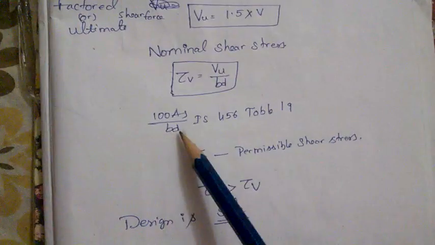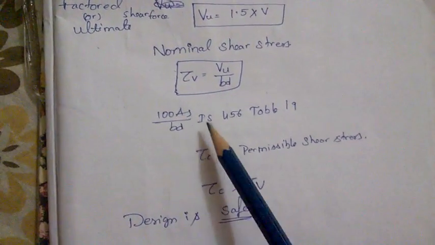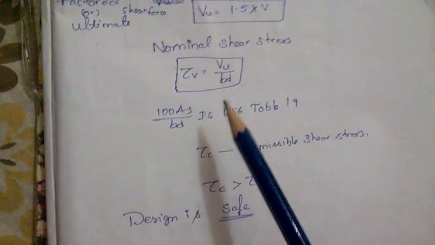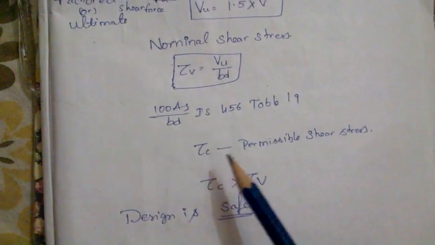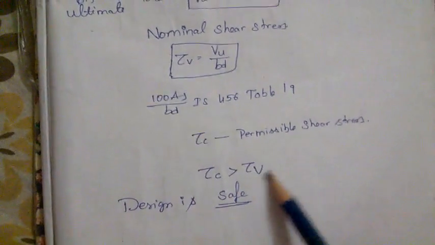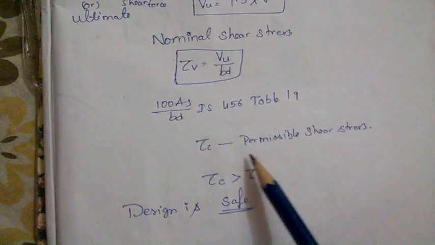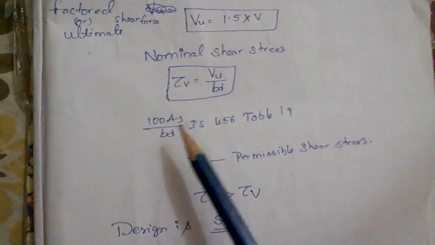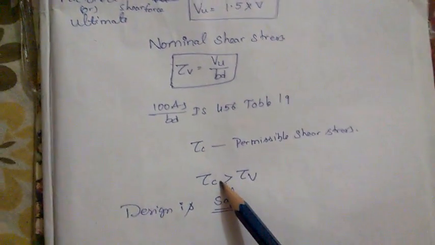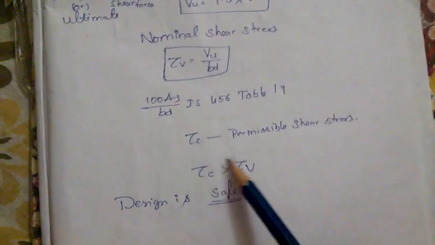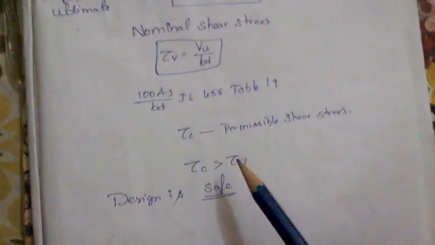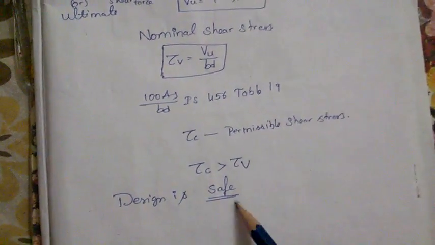100 As by bd. This is the formula from IS 456 Table 19. Tau C is the permissible shear stress. Our condition from the IS code is that tau C should be greater than tau V. If we satisfy this condition, then the design is safe.